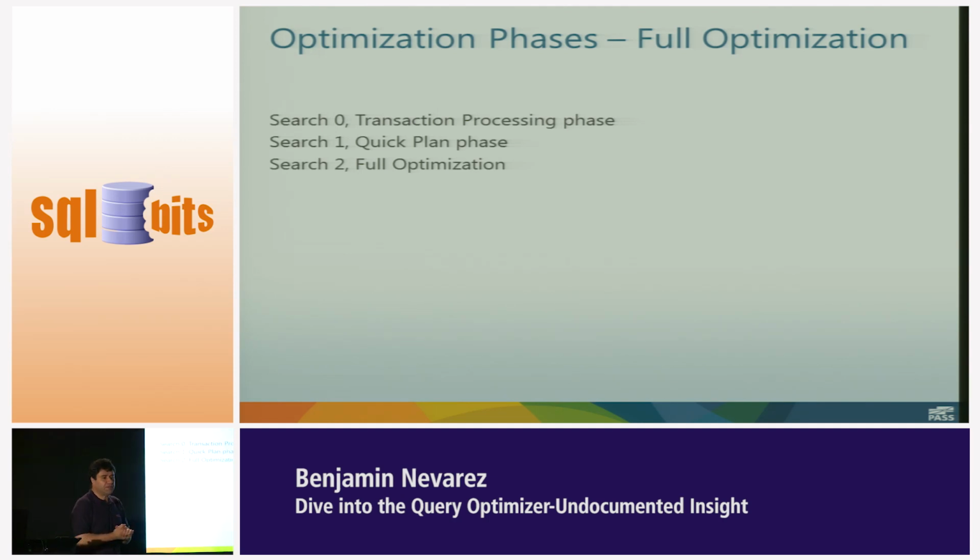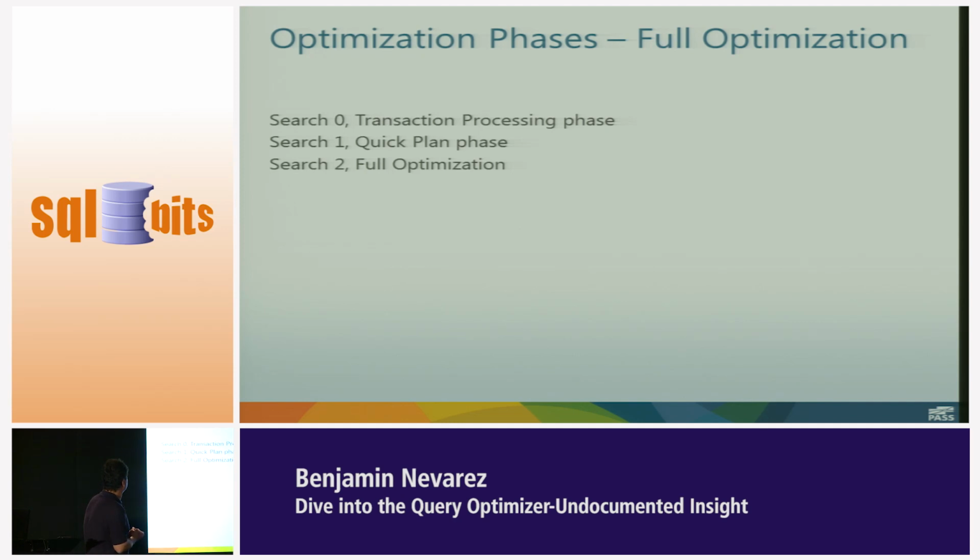it doesn't try all the complicated choices at the beginning because optimization is really expensive. So it's going to try first to solve simple problems by applying simple rules, right? Search 0 is going to look for OLTP queries and try to find a good solution.